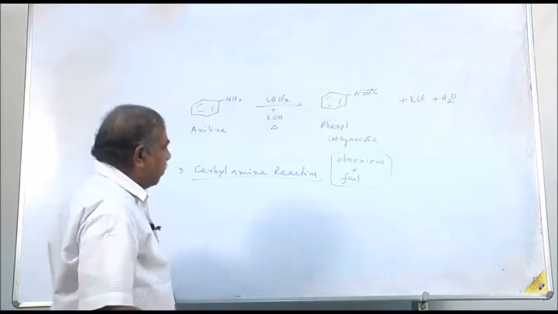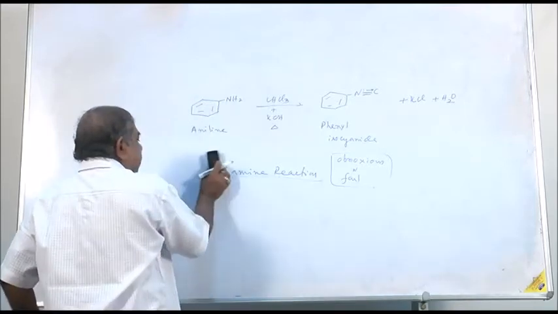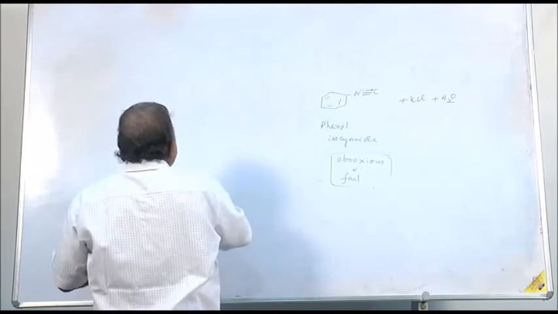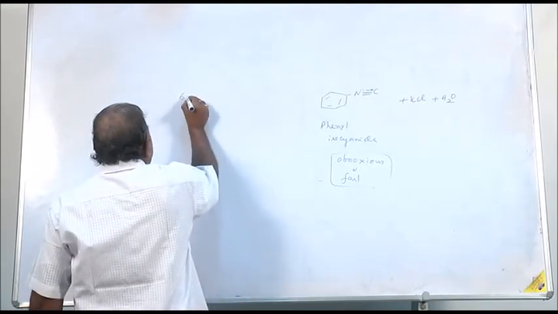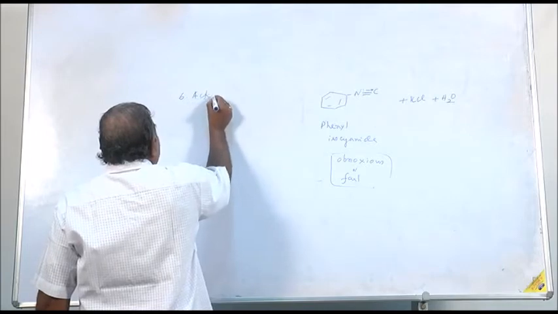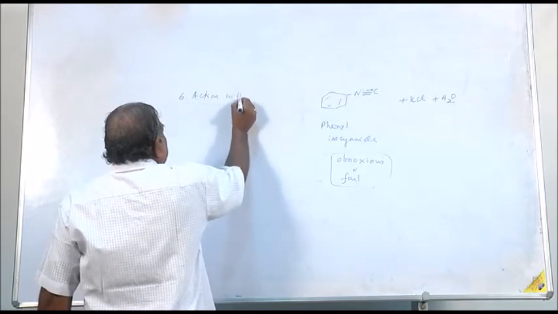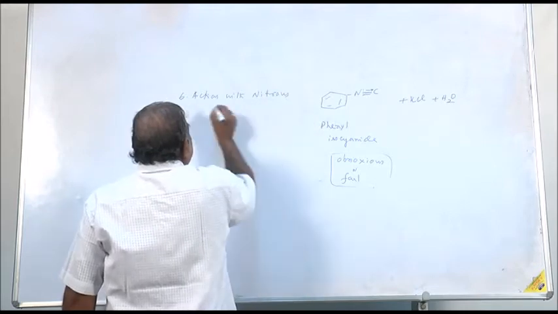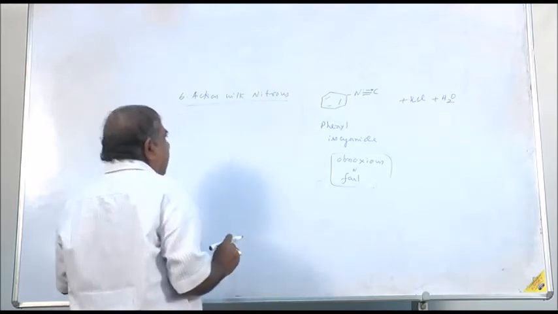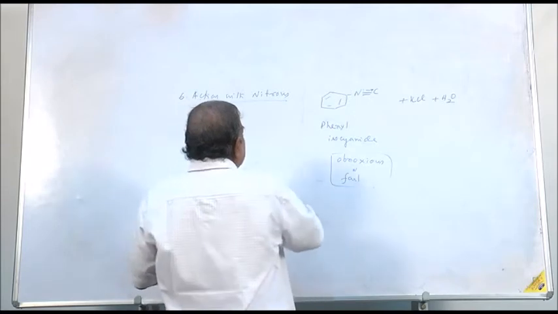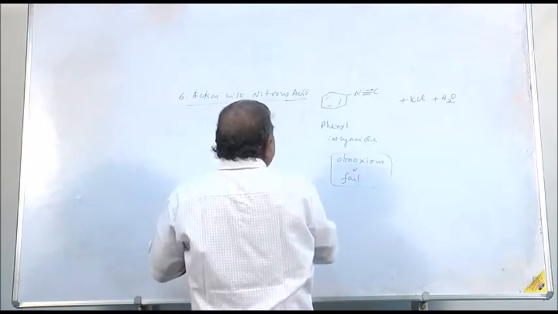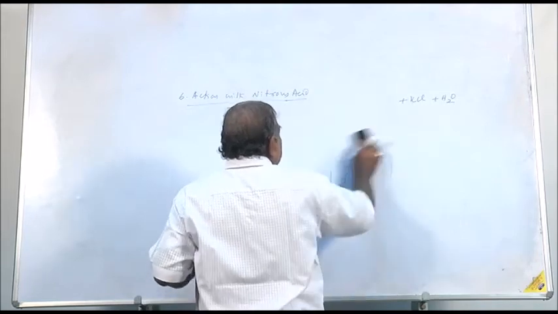Next is most important, that is the sixth one, action with nitrous acid. Why am I telling you it is important? Already we have seen different types of aliphatic amines behave differently towards nitrous acid. Aliphatic primary amine gives alcohol.